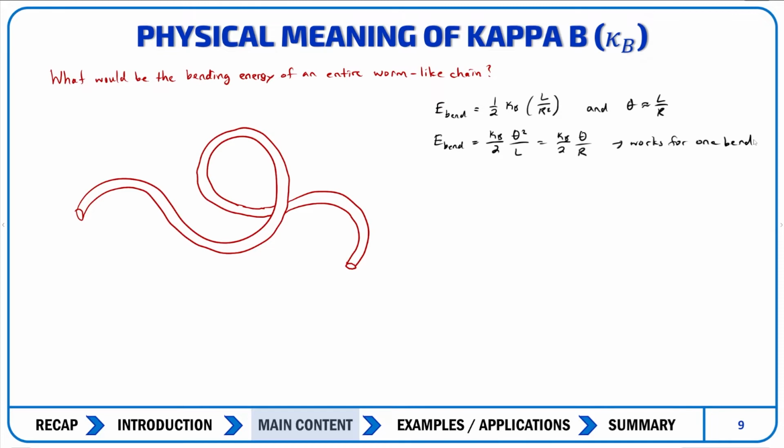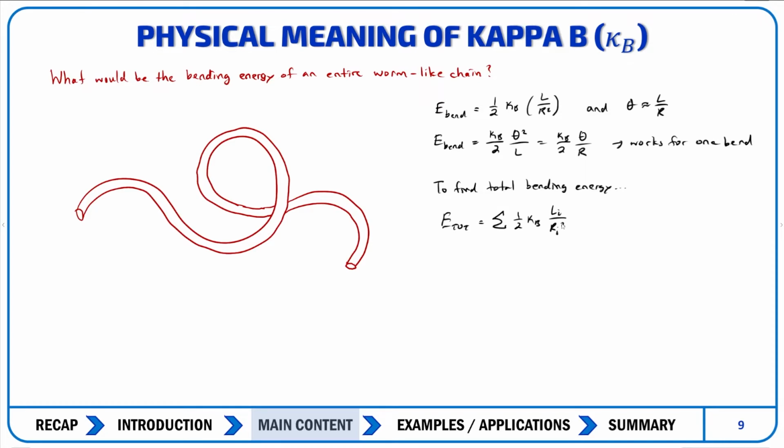And if we were to calculate the total bending energy, which we will call just E total, we have E total being equal to the summation of 1/2 of kappa B of Li over Ri squared.